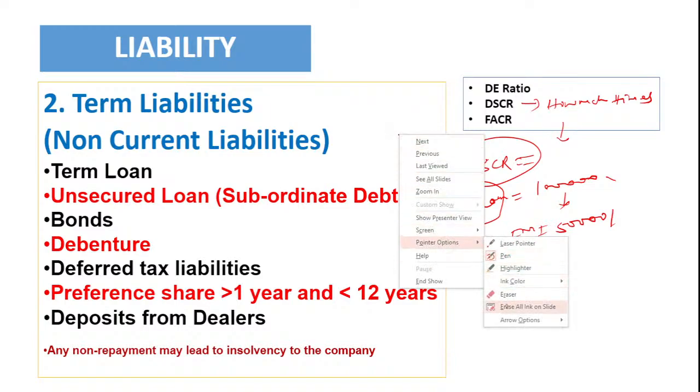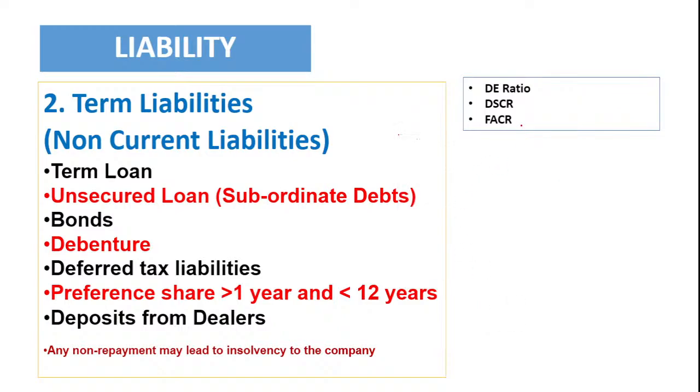And FACR is nothing but the fixed asset coverage ratio. Fixed asset coverage ratio means how much fixed asset the company has, against how much loan the company has taken to get the fixed asset. There are many things to know about the term loan outstanding and the fixed asset, which we will discuss later, but in short, suppose the company has fixed assets of 100 and has taken a loan of 60.